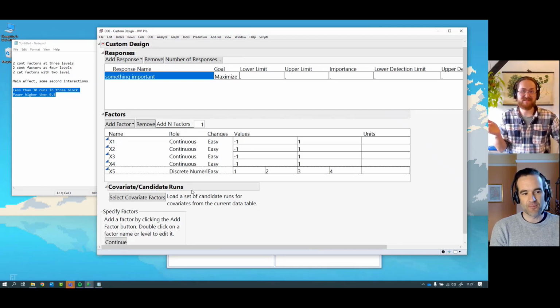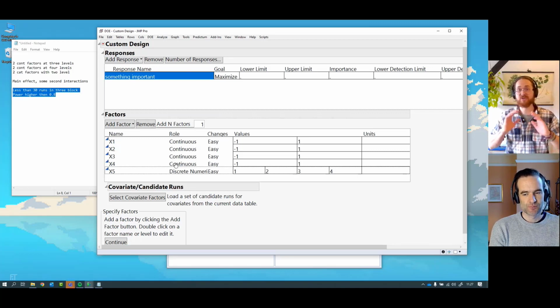Yeah, totally. So could we say that if, for some reason, you want to have it at 4 levels, fine, that's okay. If you are free to define what these 4 levels are, it's a continuous factor.